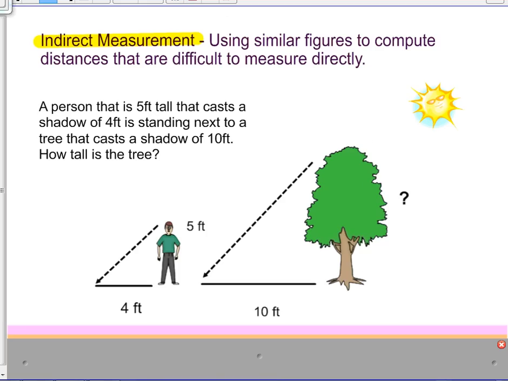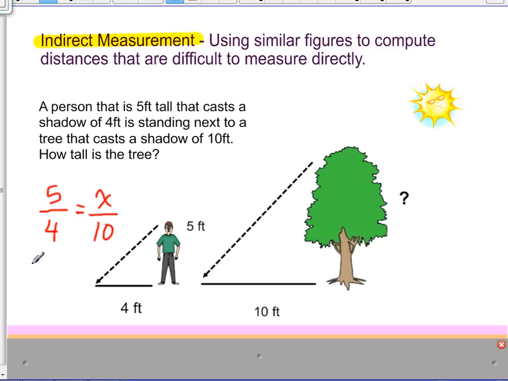So we can set up a proportion. We'll do how tall he is on top, so 5 over his shadow, which is 4. How tall the tree is, that's what we're solving for, so we'll call that x, over its shadow, which is 10.